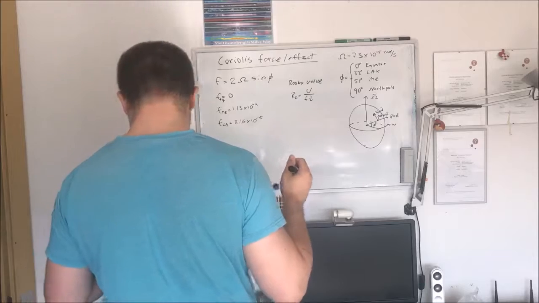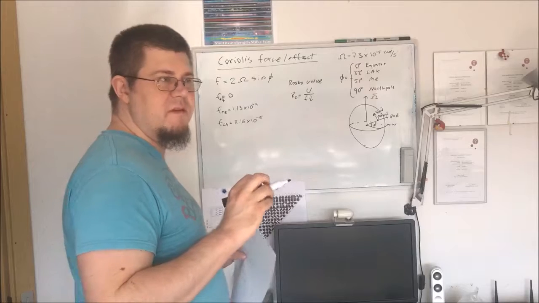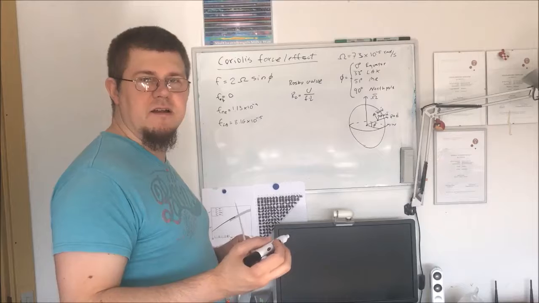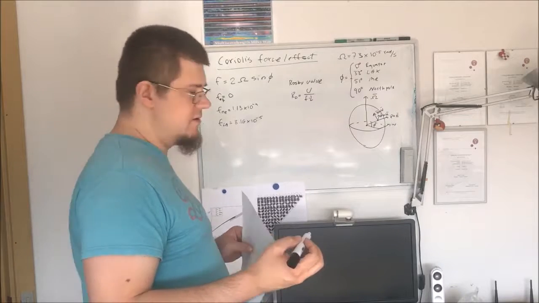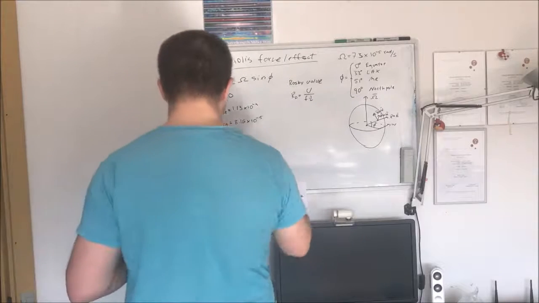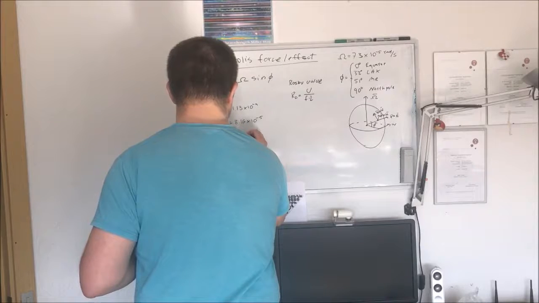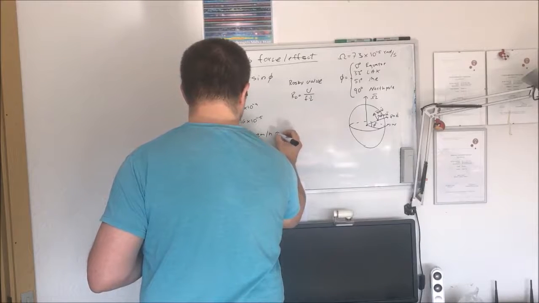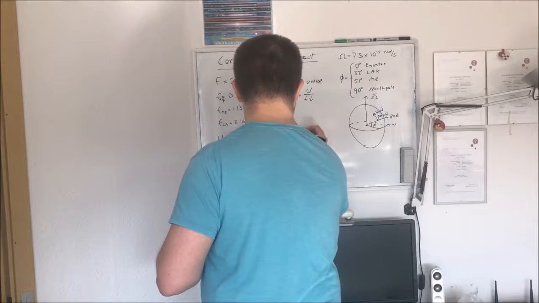So I found that the cruising speed for a typical airplane, let's take a Boeing 747, the typical cruising speed for a 747 is roughly 900 kilometers per hour, which is somewhat like 250 meters per second.